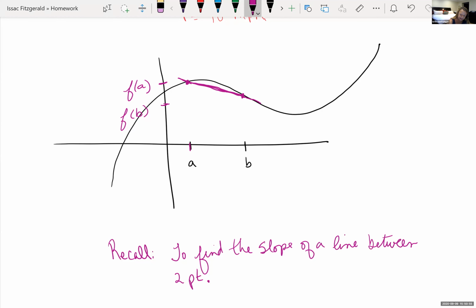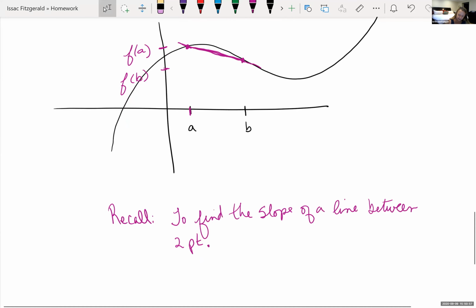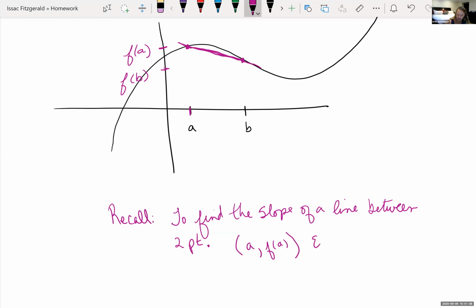When x is a, my y value is f of a, so my point is a, f of a. And my other point is when x is b, so b, comma, my y value is f of b.